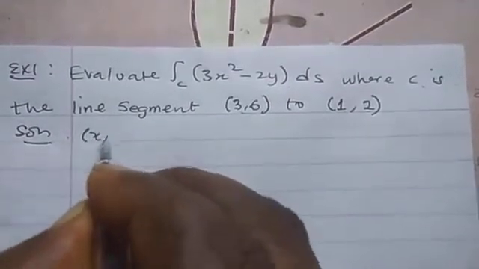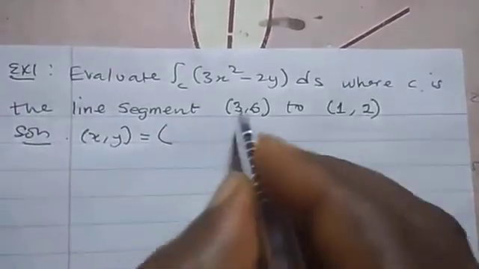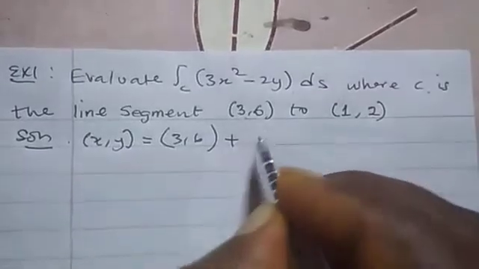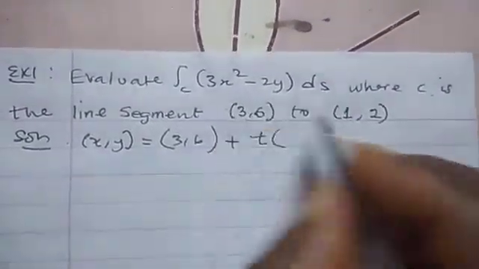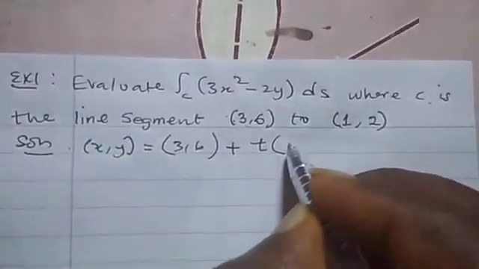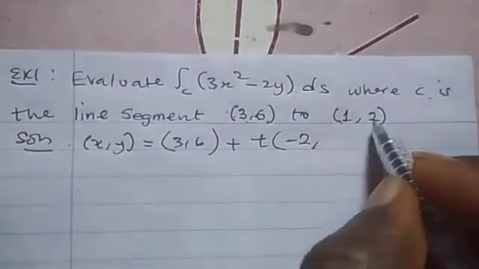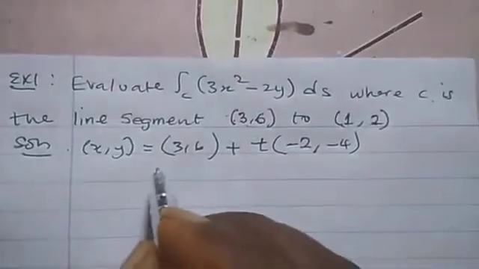We start by saying x comma y is equal to the first one, 3 comma 6, plus t into, you subtract this minus this, 1 minus 3, that is minus 2, comma, 2 minus this, that is minus 4.